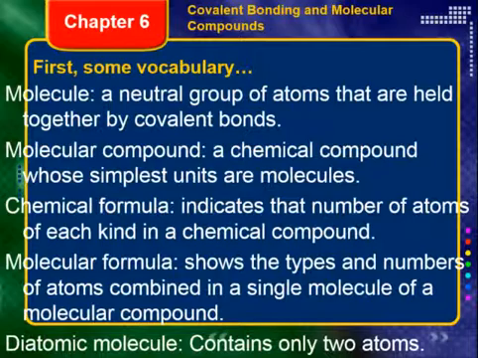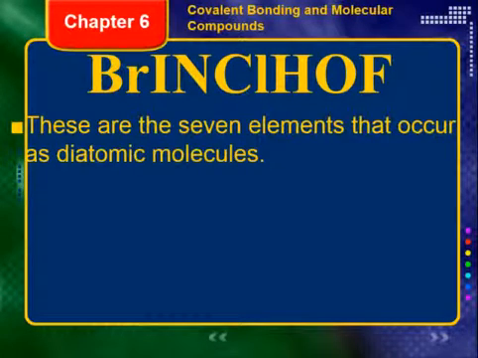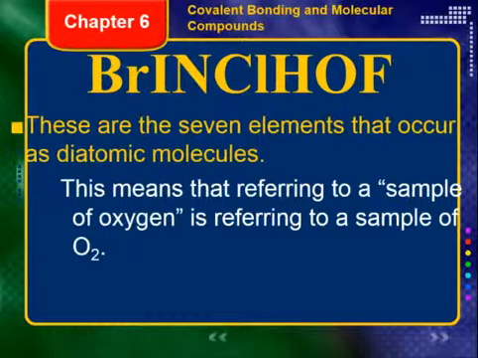And then diatomic molecule, something that we mentioned last lecture. A diatomic molecule is a molecule that contains only two atoms. Let's remind ourselves of the mnemonic that's going to help us remember the 7 elements that occur as diatomic molecules. Brinkelhoff. Bromine, iodine, nitrogen, chlorine, hydrogen, oxygen, fluorine.